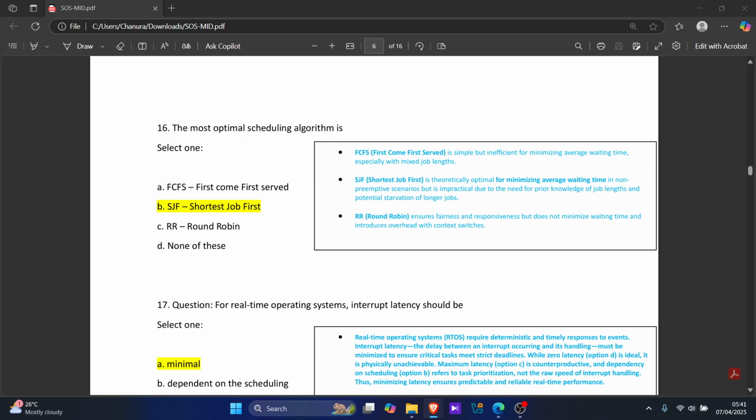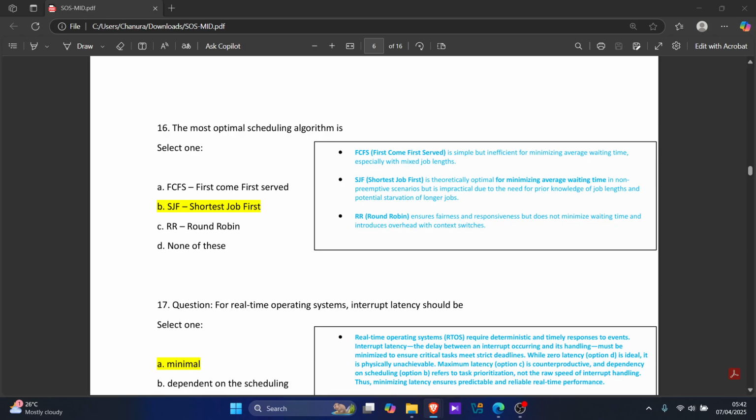For preemptive scheduling, it's also optimal but requires knowledge of the next CPU burst. So if the question is asking about non-preemptive, then SJF is optimal, and the answer is B. If preemptive, then SRTF is optimal, which is not listed. So answer D.